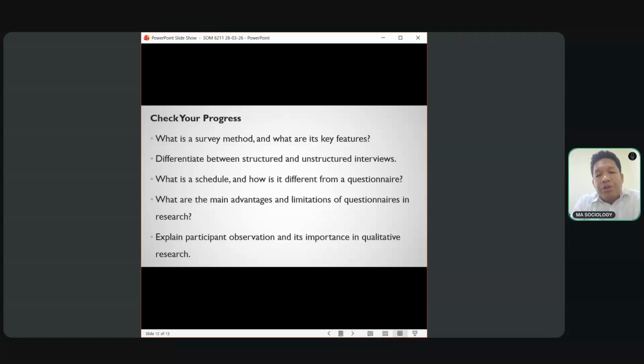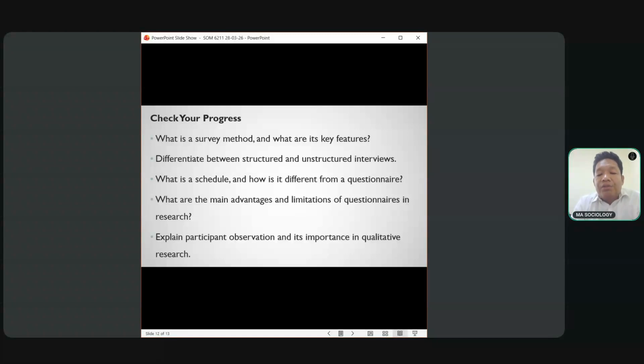Coming to check your progress, the basic questions which may come in your exams are: What is a survey method and what are its key features? Differentiate between structured and unstructured interviews. What is a schedule and how is it different from a questionnaire? What are the main advantages and limitations of a questionnaire in research?